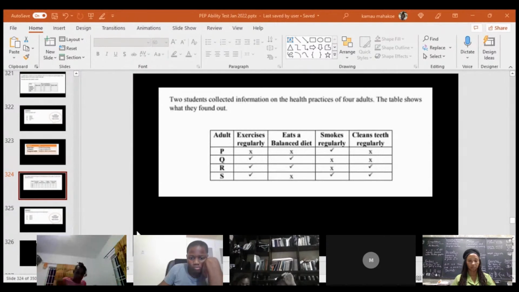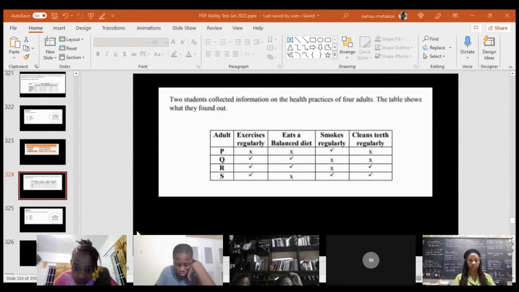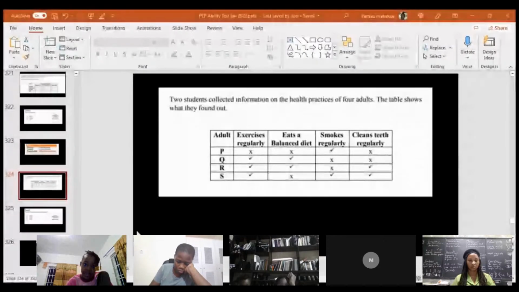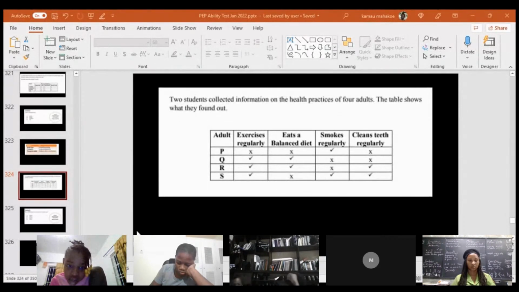Smokes regularly: No. Cleans teeth regularly: No. R. Exercises regularly: Yes. Eat a balanced diet: Yes. Smokes regularly: No. Cleans teeth regularly: Yes. S. Exercises regularly: Yes. Eat a balanced diet: No. Smokes regularly: Yes. Cleans teeth regularly: No.